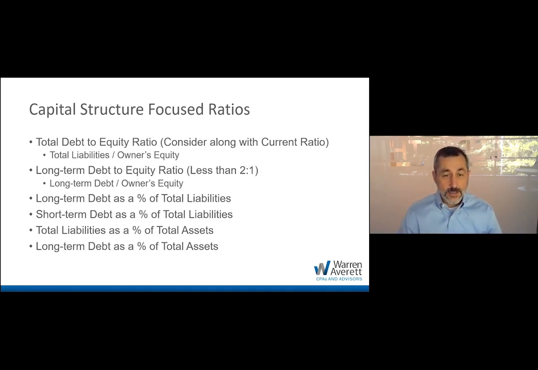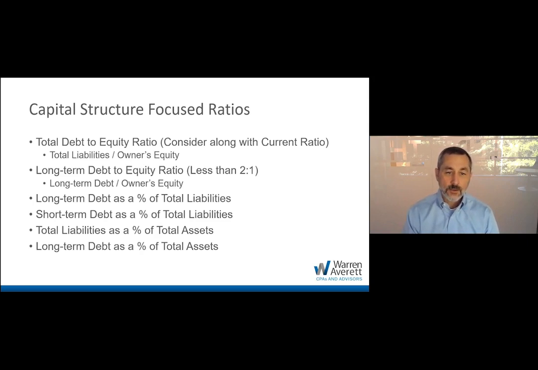All companies need capital. All companies need cash. All companies need assets. How did the company source its capital? How did the company fund the acquisition of its assets? That is shown in this simple relationship of total liabilities divided by total owner's equity. To give that some context, let's now look at the second ratio very quickly.